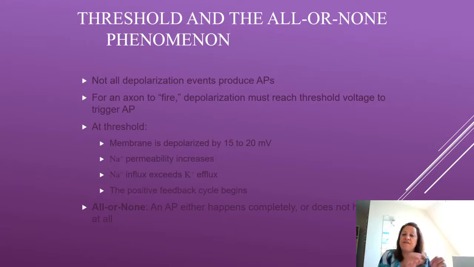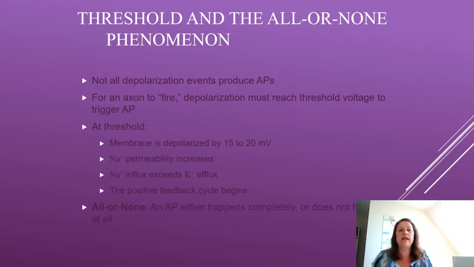For an axon to fire, for an axon to send a message, it must reach a threshold. This obviously reached the threshold for this tissue. This did not. Usually that threshold is at like minus 55. This was enough because this is very thin skin. This wasn't enough to push down enough to feel that.